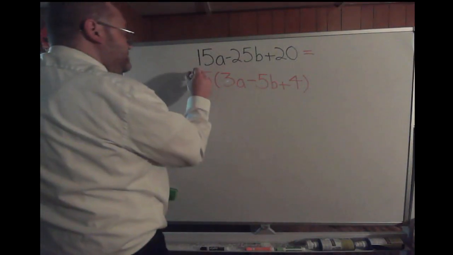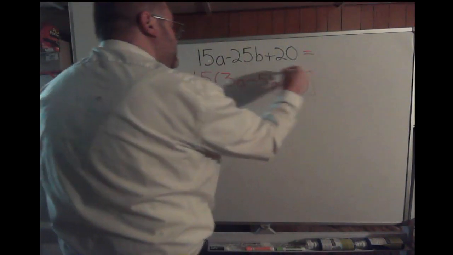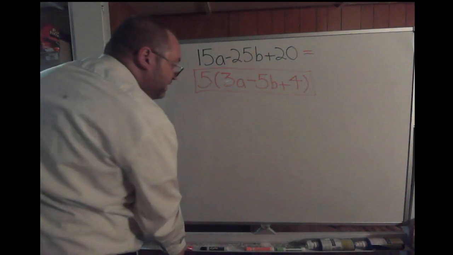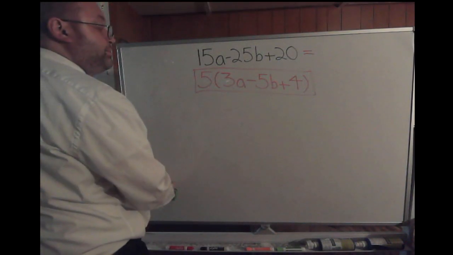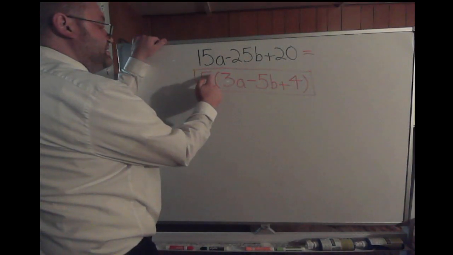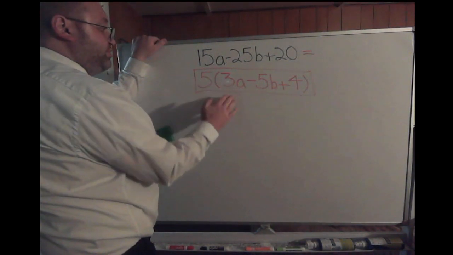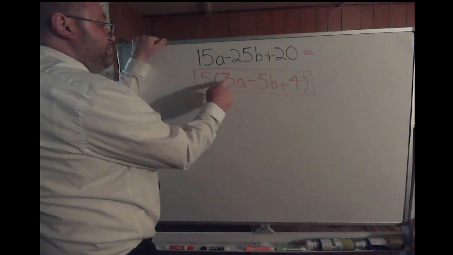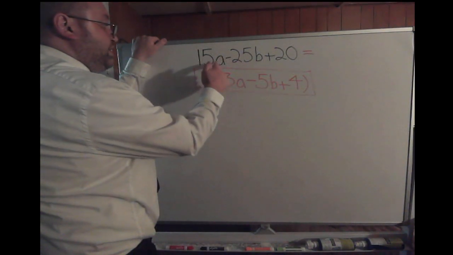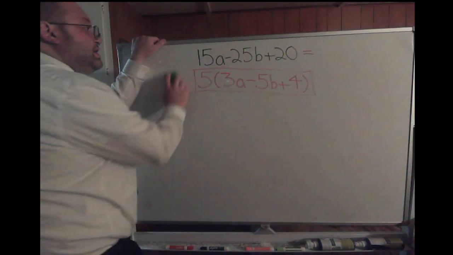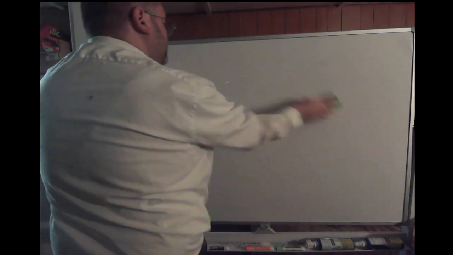And this reduces no further, so the answer you should get is 5 times the quantity of 3a minus 5b plus 4. So once you establish what each term has in common, you put that outside the parentheses, and then you just multiply what it has in common by whatever number or variable you need to get the terms that you originally had. And we'll go over some more examples here.